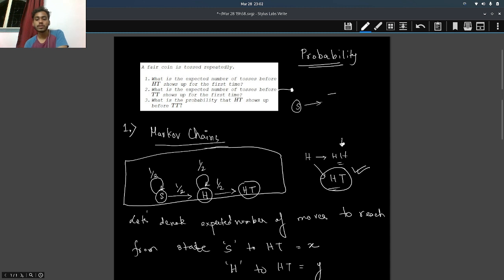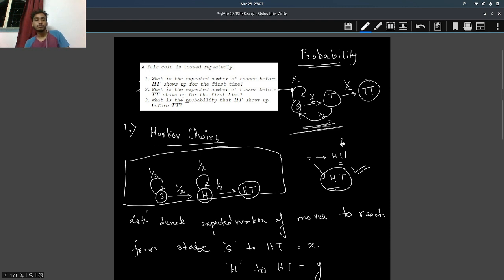There are two possibilities: either T falls, so we need T, or H falls. H falls means we are again back to the starting state. Here if H falls, then we are again back to the starting state after T, and if T falls, then we are here, right? So this will be the Markov chain for this question.